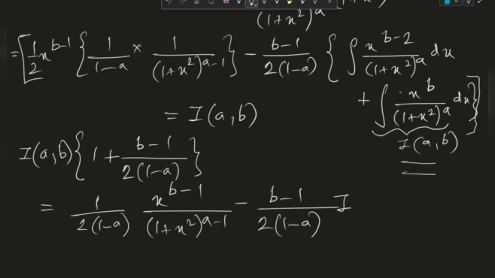And if you see this term carefully, this is basically I of a comma b minus 2. So yeah, I can write this as I of a comma b minus 2.